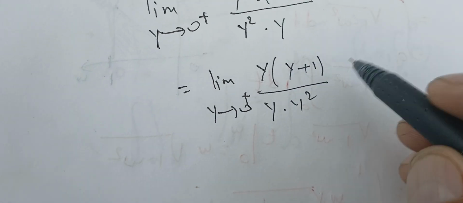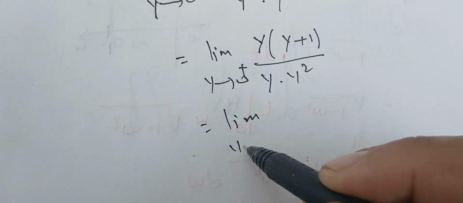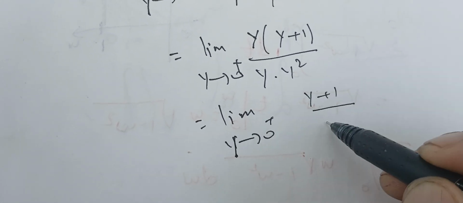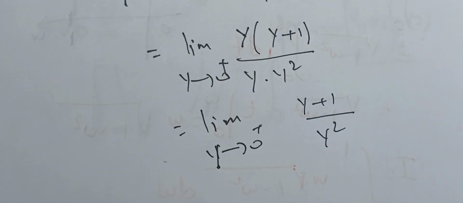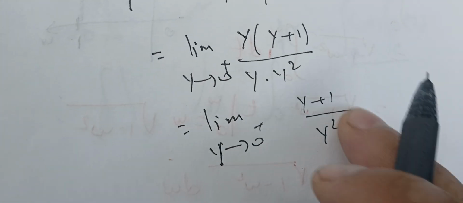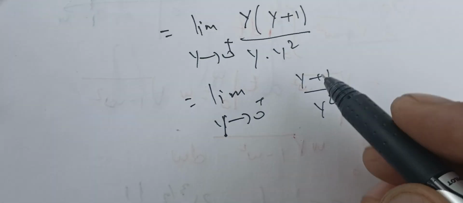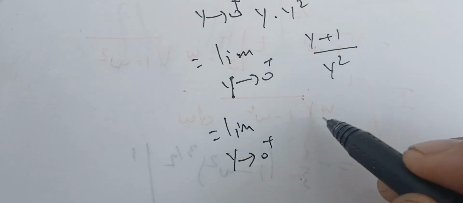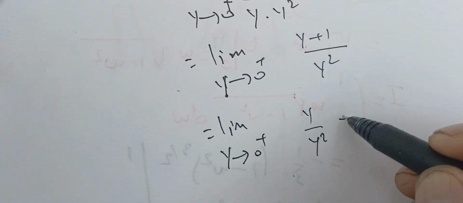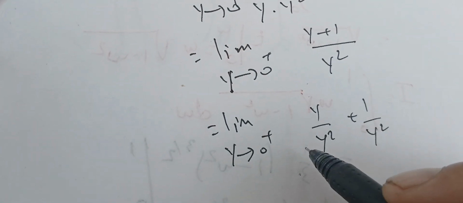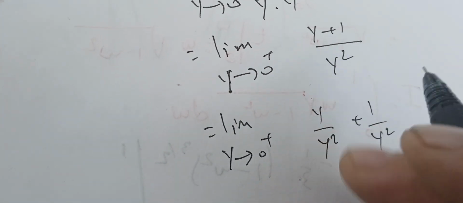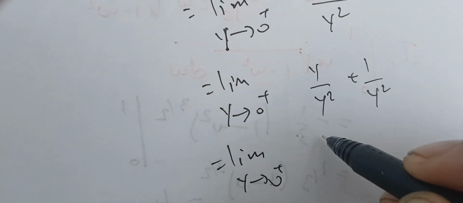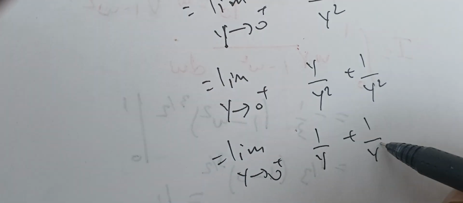Therefore our limit is going to be the limit as y goes to 0 plus of y plus 1 over y squared. We can even simplify this one more time. We can write it as the limit as y goes to 0 plus of y over y squared plus 1 over y squared, and we can simplify again. So here we have 1 over y plus 1 over y squared.